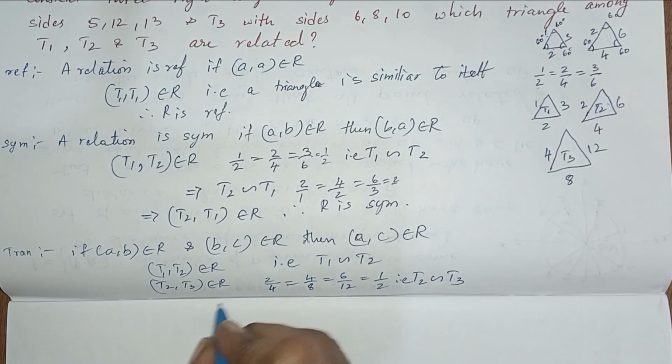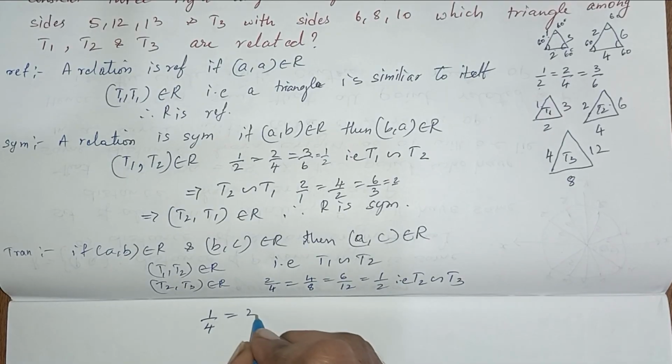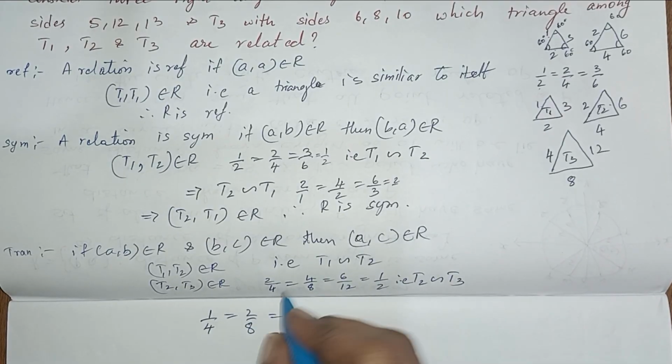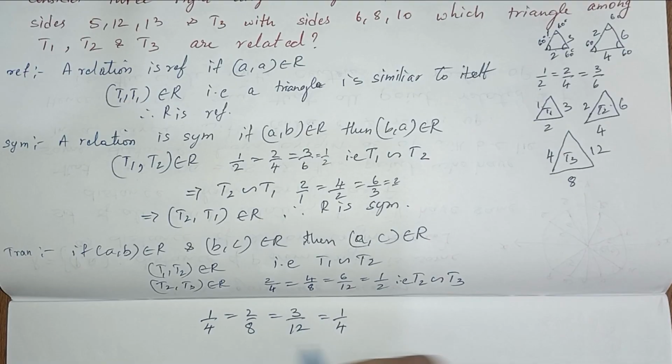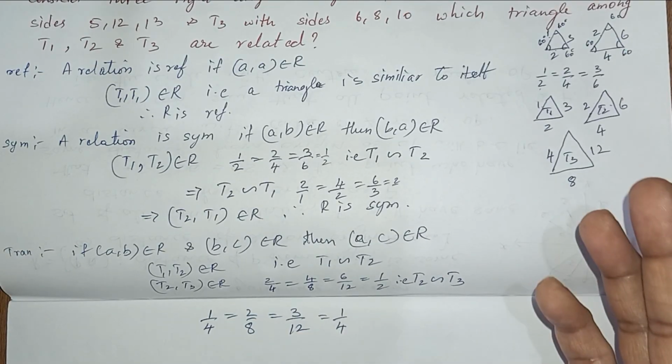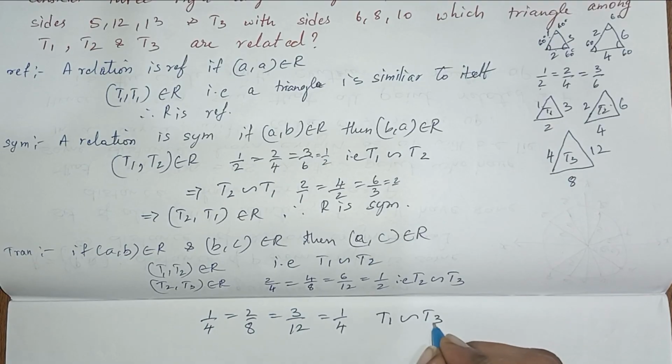So 1 by 4 is equal to 2 by 8 is equal to 3 by 12. You can see that these are all in the ratio of 1 by 4. So all sides are in the ratio 1 by 4. Therefore, T1 is similar to T3 also, because all are in the ratios.